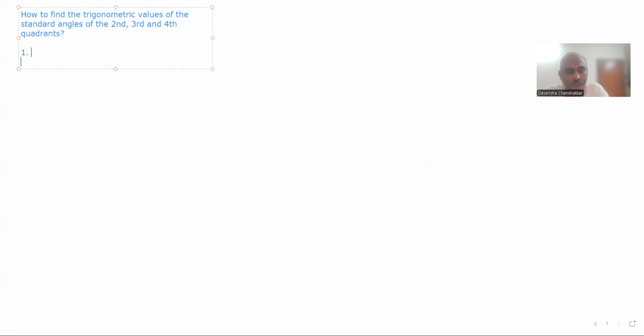First is, write the angle as a sum or difference of the respective reference angle, respective का मतलब जिस quadrant से है, the quadrant which it belongs, right?